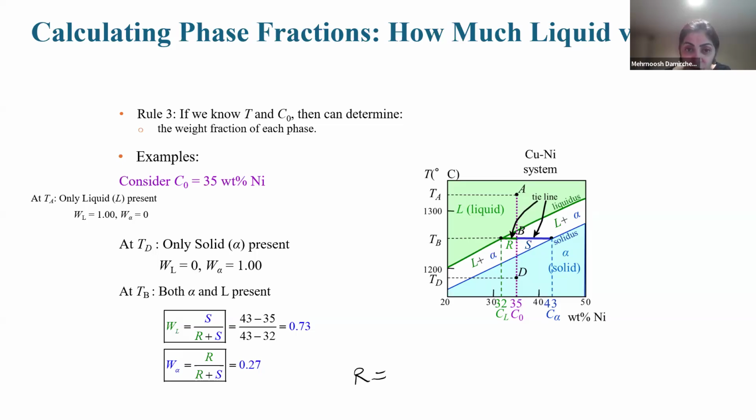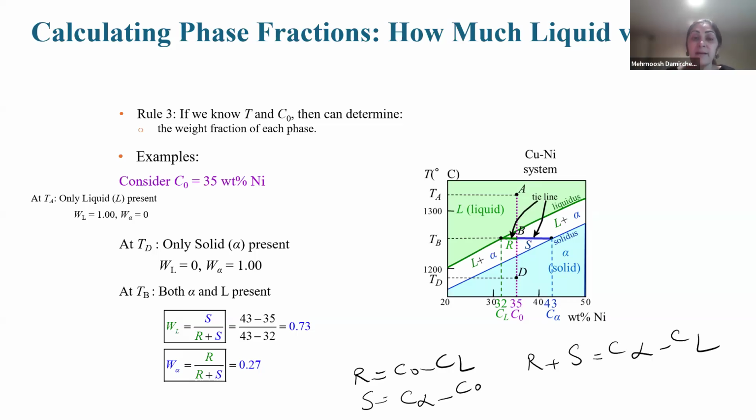As you see here, R is C naught minus CL. What was CL? When the tie line intersects the liquid region, read the composition weight percent of that point, it should be CL. Intersect the solid region, read the composition weight percent of that point, it should be C alpha. So R is C naught minus CL. What is S? It is C alpha minus C naught. What is R plus S? It should be C alpha minus CL.